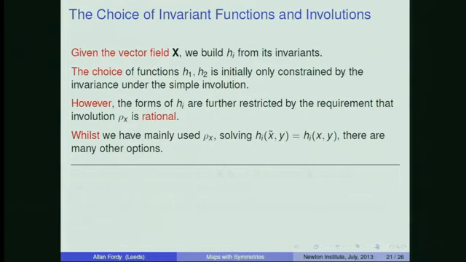So there are a lot of choices actually. You choose the vector field x, and there are several of those you can choose. You have to choose from the invariance of this. You construct some functions h_i. Initially, any old functions of gammas will do, but when you're looking at these involutions that you're constructing from taking the one I call rho x, you find that quite often you get non-rational maps.